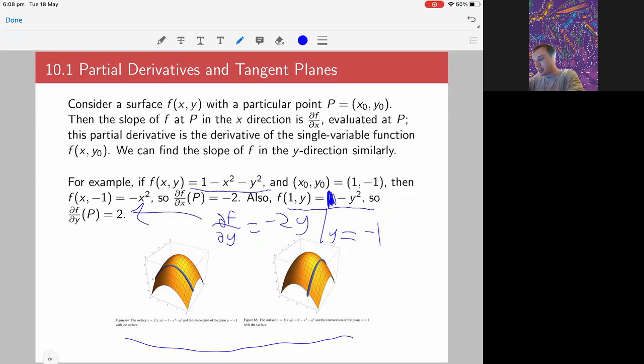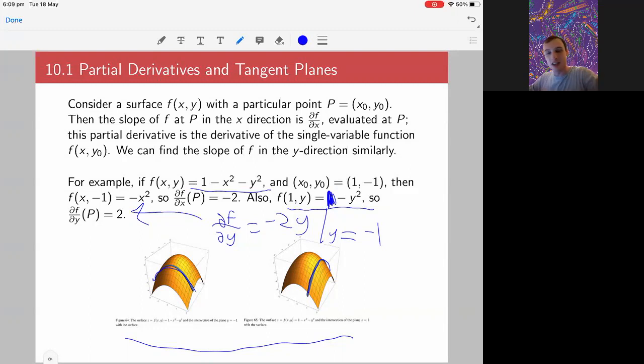And this line here is telling us what happens if we fix y naught at, I can't remember which way around each is, but one of these is found by fixing y and changing x, and the other is found by fixing x and changing y. And being able to do this gives us single variable functions, which we can differentiate to find the slope. So this is all great. So what can we do with this?